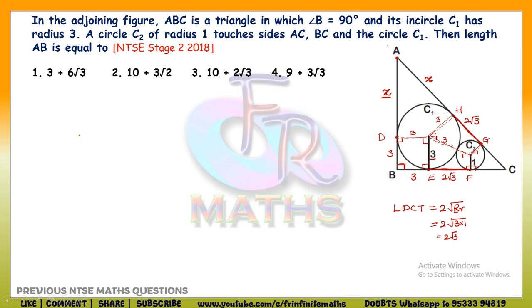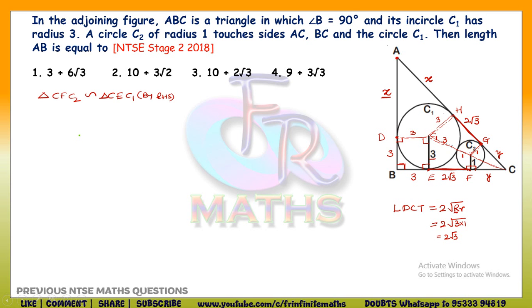Next, what about CF and CG? Since we don't know the lengths, I am considering them as Y units. If this is Y, then this CG is also equal to Y. Next, this C1C2, if I extend it till C, then clearly I can see triangle CFC2 and triangle CEC1. These two triangles look similar by RHS similarity.